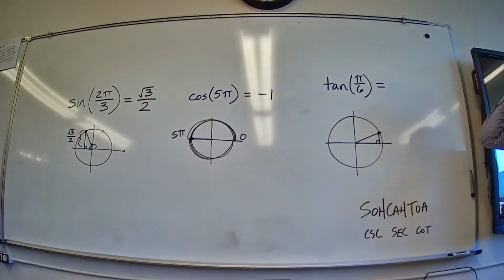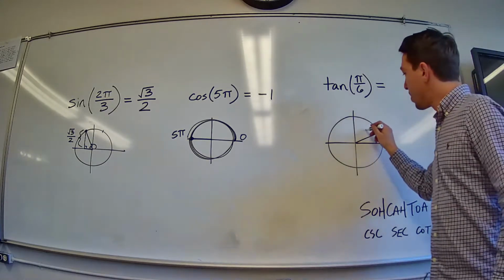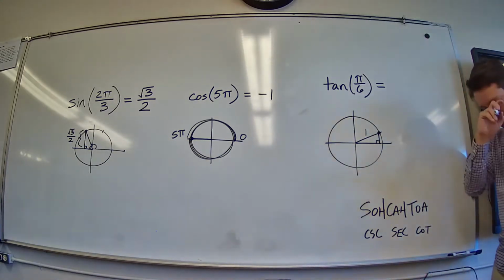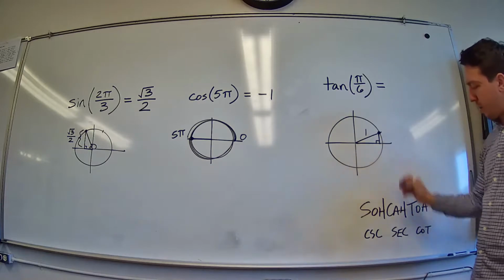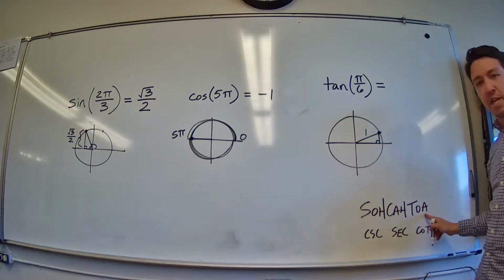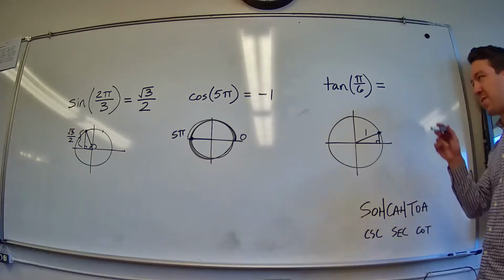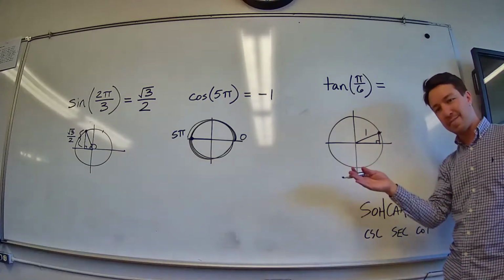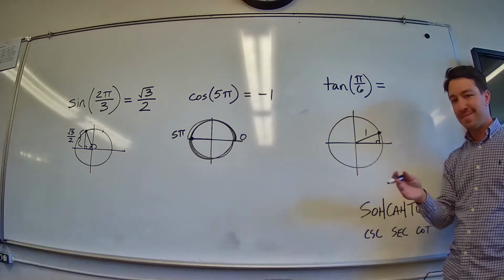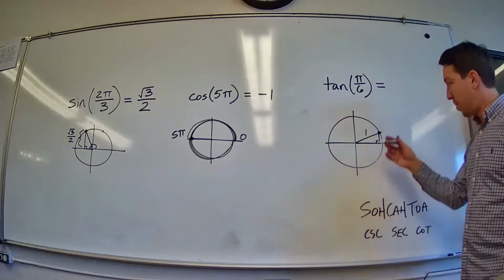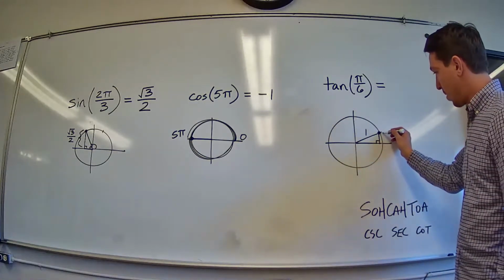Now for the tangent, I've got to know the opposite over adjacent ratio. So can you directly get that from the x to the y? Not directly, right? But do you guys see what we're going to do?